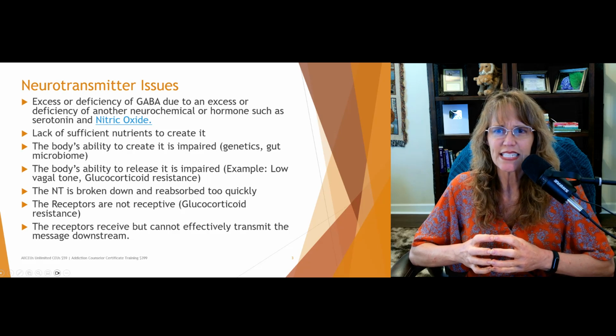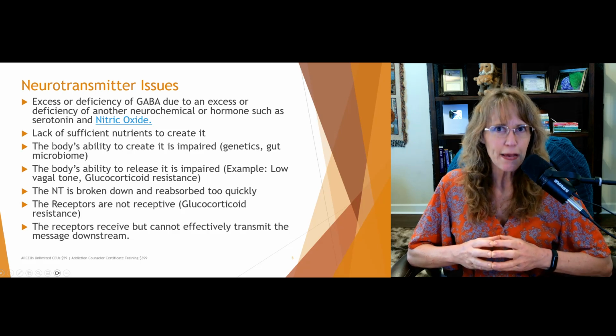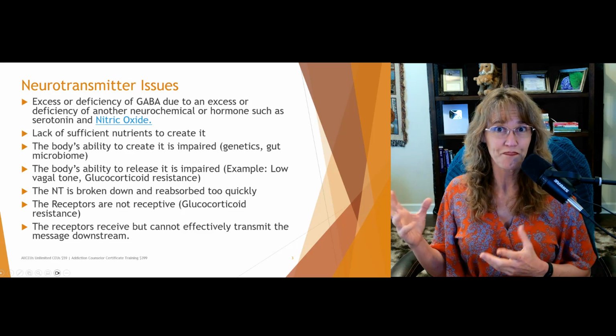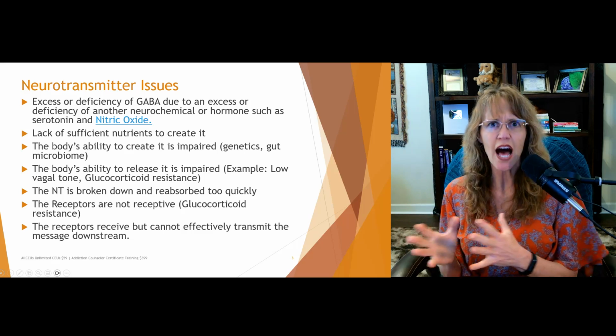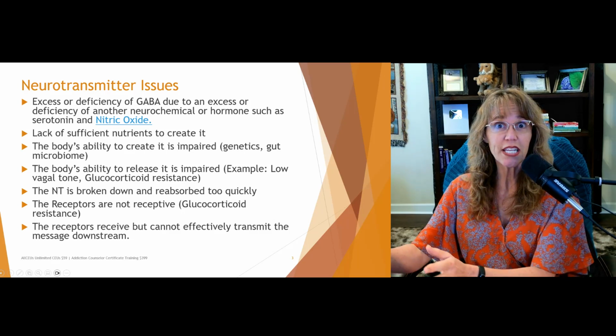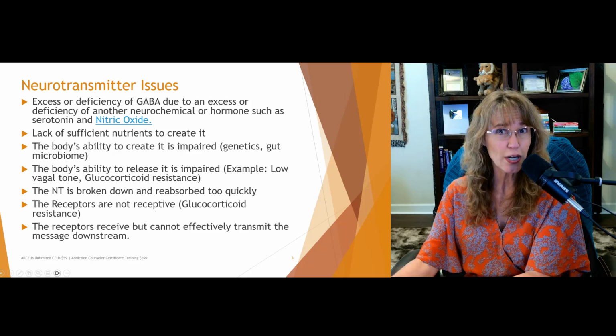Glucocorticoid resistance is another example. When people become resistant to cortisol, then it takes a lot for them. They're flat most of the time. It takes a lot for them to get excited, to get stressed out, to get whatever.